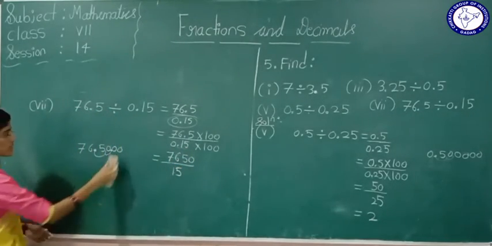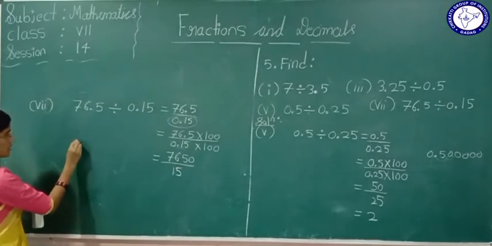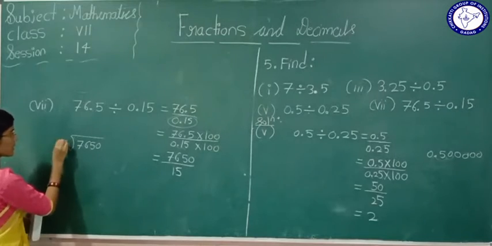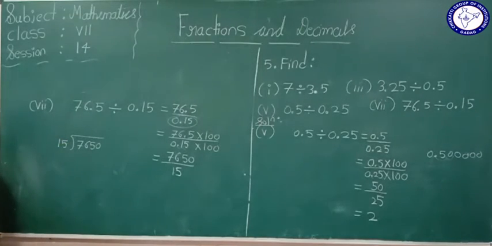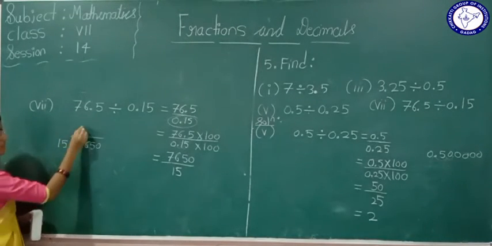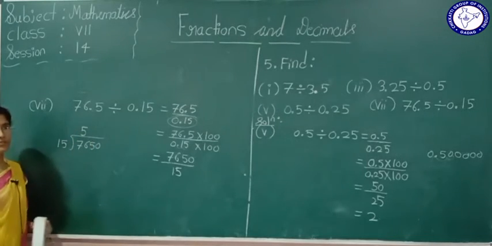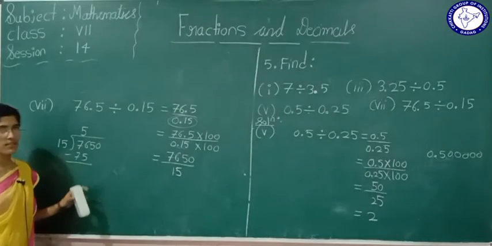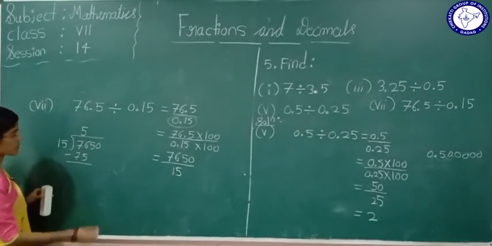Now do the division. 7650 divided by 15. Okay. Now see here, 15 5s are what? 15 5s are 75. 76 minus 75 is what? 1.